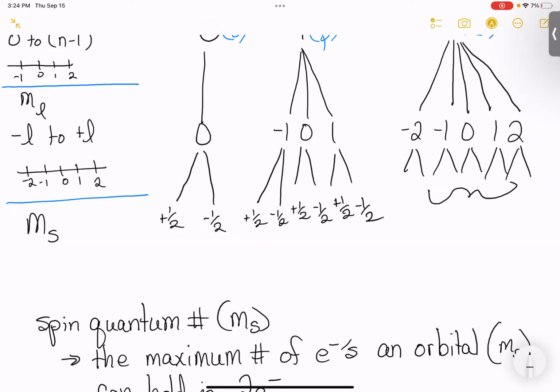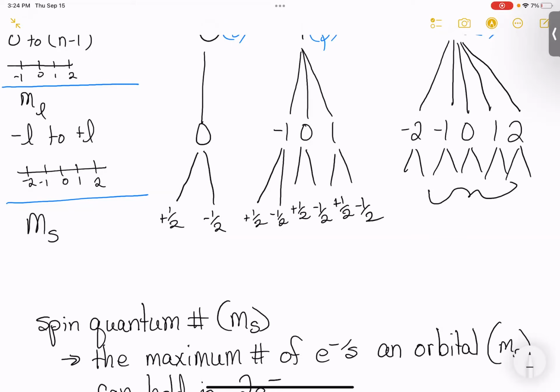How many can an S have? How many plus and minus 1/2s? They can have 2. That is why this section of the periodic table is only 2 elements across.